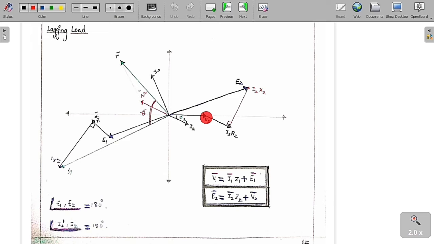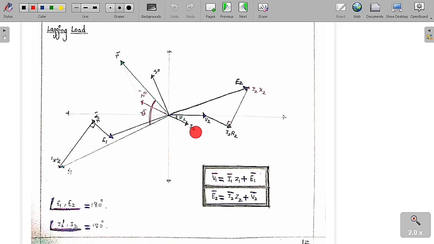As the load is lagging, I2 is going to lag V2 by an angle phi 2, which I have assumed as the power factor angle of the load.